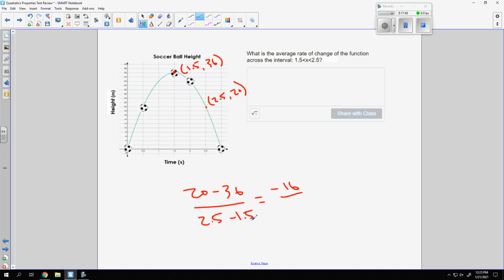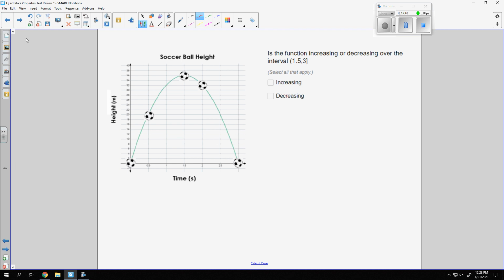Over 2.5 minus 1.5 should be 1. So that should be a negative 16 for our rate of change. Is the function increasing or decreasing over the interval 1.5 to 3? Remember that's the x values. So that function is going down from left to right. It is decreasing.